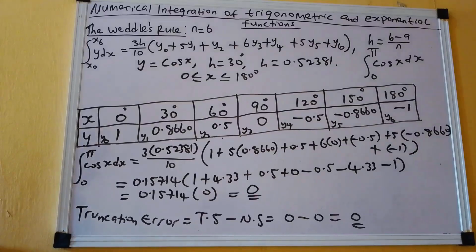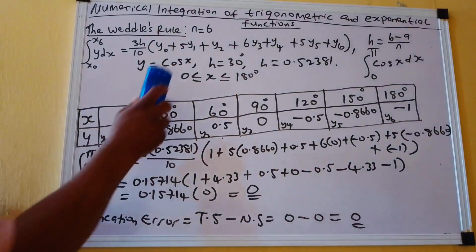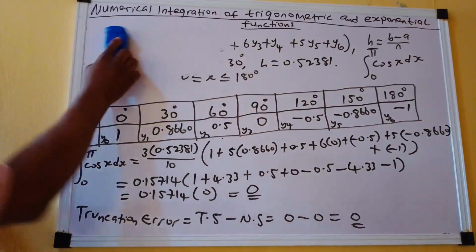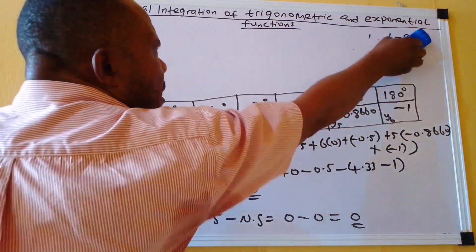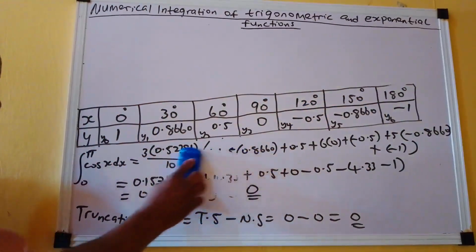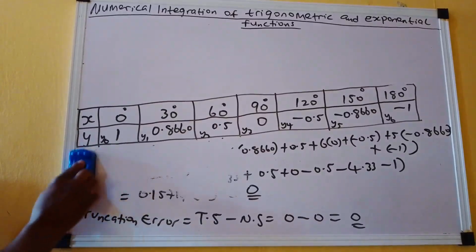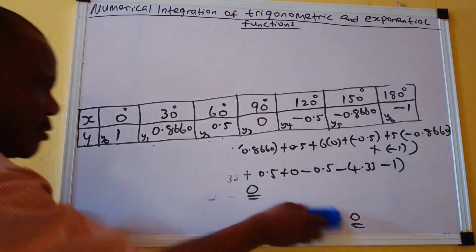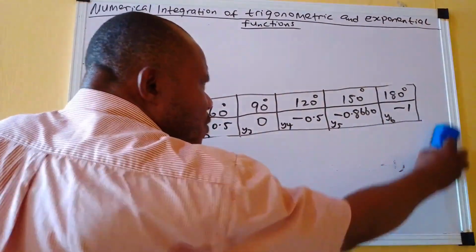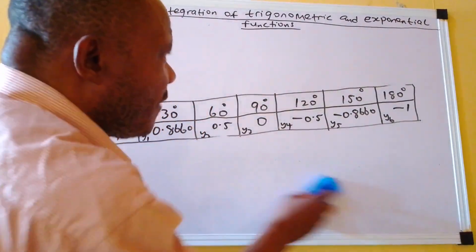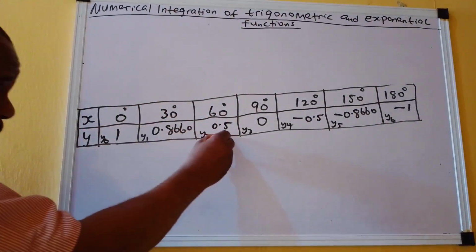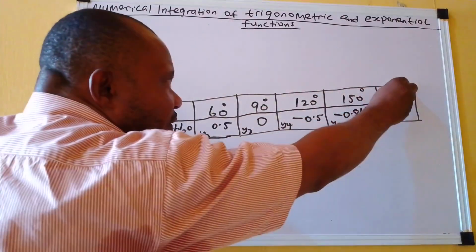The table will still be of good use to us, so permit me to rub off this part of the board and clean this part also, so that we can use the Simpson's 3/8 rule to solve the same problem.